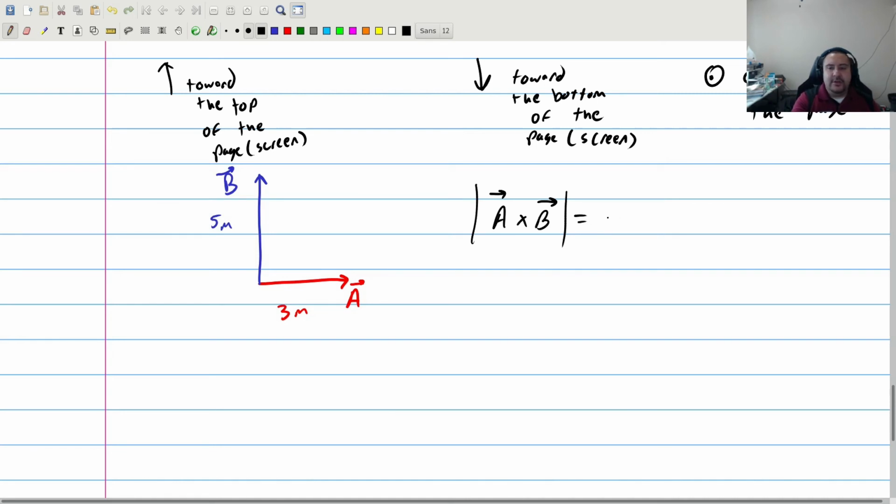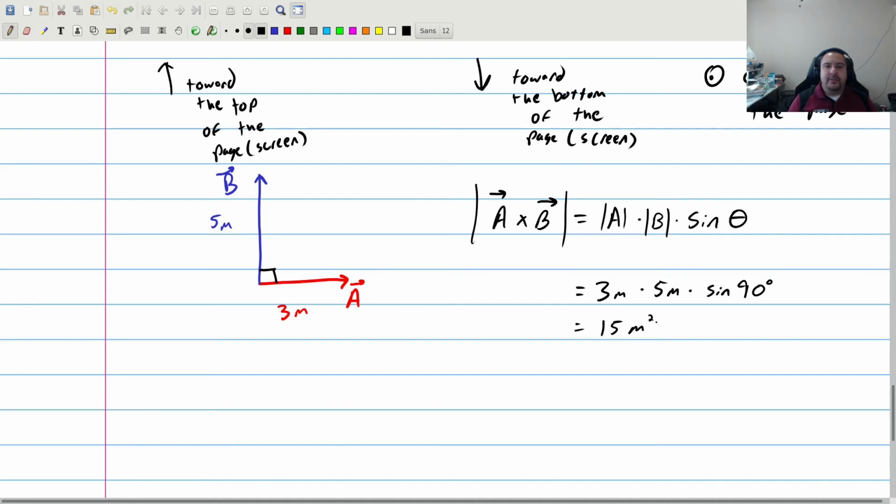And that's going to be equal to the magnitude of A times the magnitude of B times the sine of the angle between them. So in this case, it's going to be 3 meters times 5 meters times the sine of, in this case, I already told you that was a 90-degree angle, so it's the sine of 90 degrees. This is nice because the sine of 90 degrees is 1. 3 times 5 is 15 times 1 is 15 meters squared.